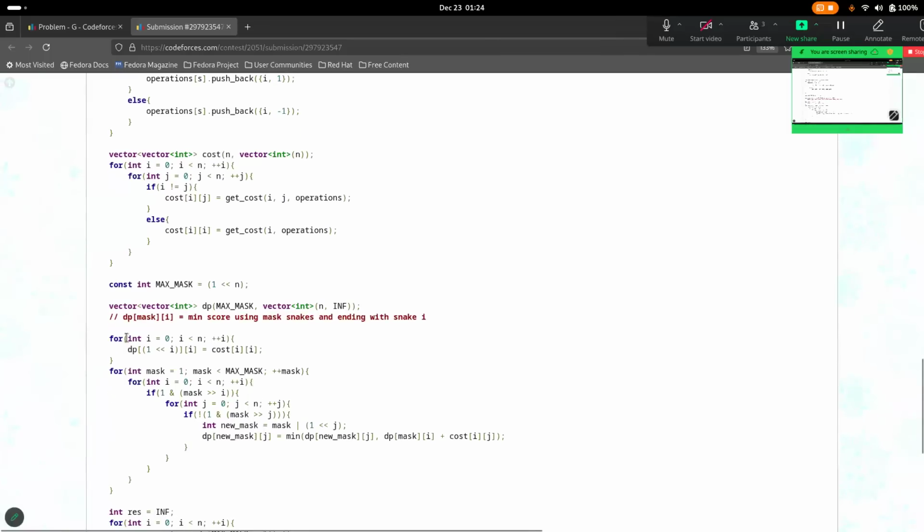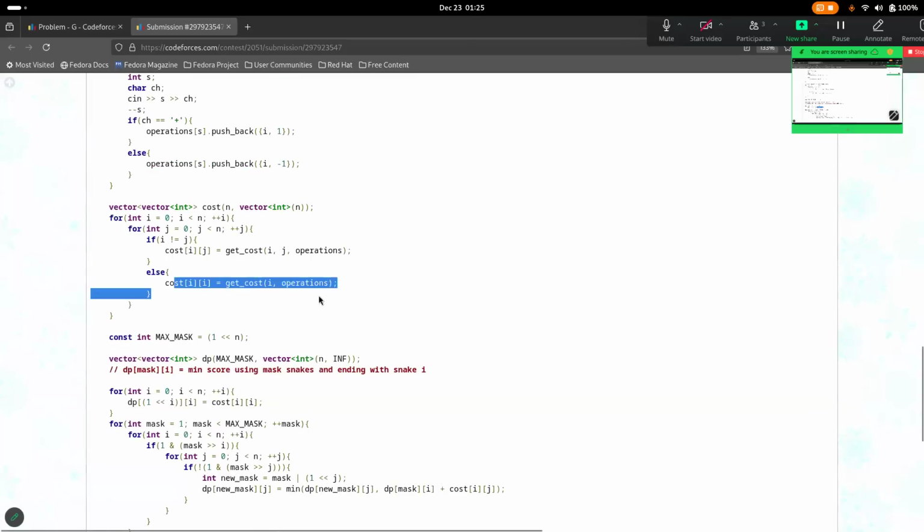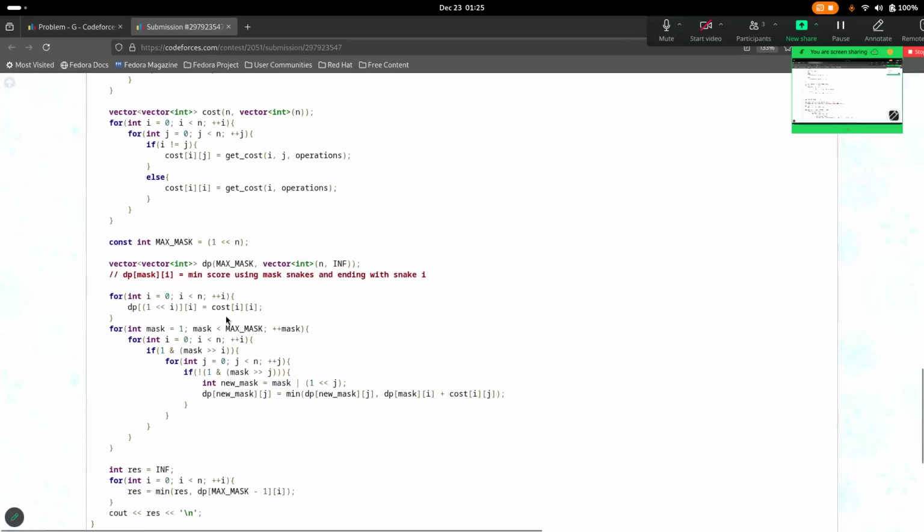So for the DP state, initially for each of the snakes taken individually, this is our cost i to i, which we calculated over here, basically the number of enlarge operations. And then we iterate over all the possible masks, from 1 to the maximum mask, that is 2 raised to power n minus 1.